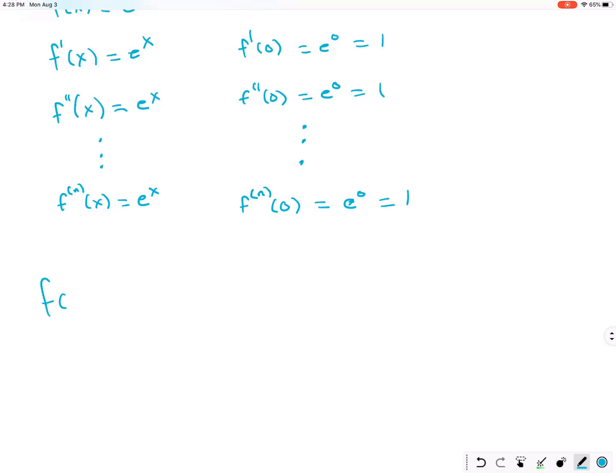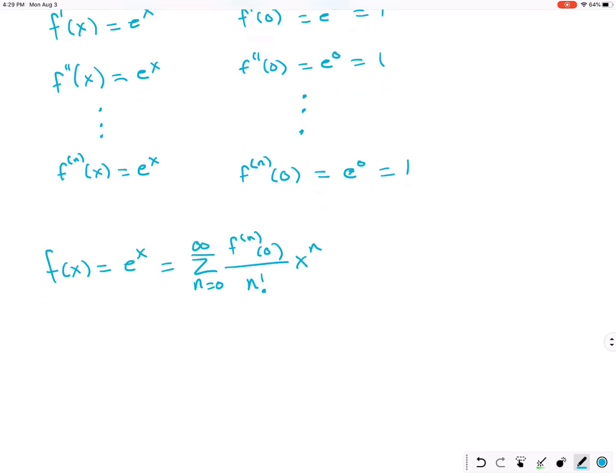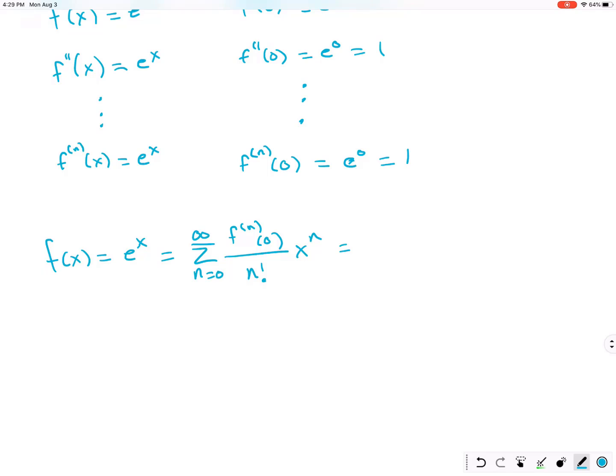So we then have this Taylor series. When I write out the Maclaurin series, I have f of x equals e to the x, and that's equal to the summation of n equals 0 to infinity of the nth derivative evaluated at 0 over n factorial times x to the n.